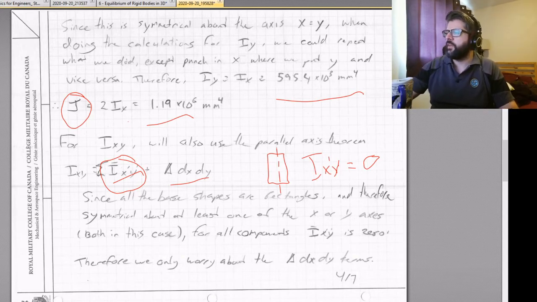So the only thing that causes there to be a non-zero Ixy overall is the combined sum of these area dx dy terms.